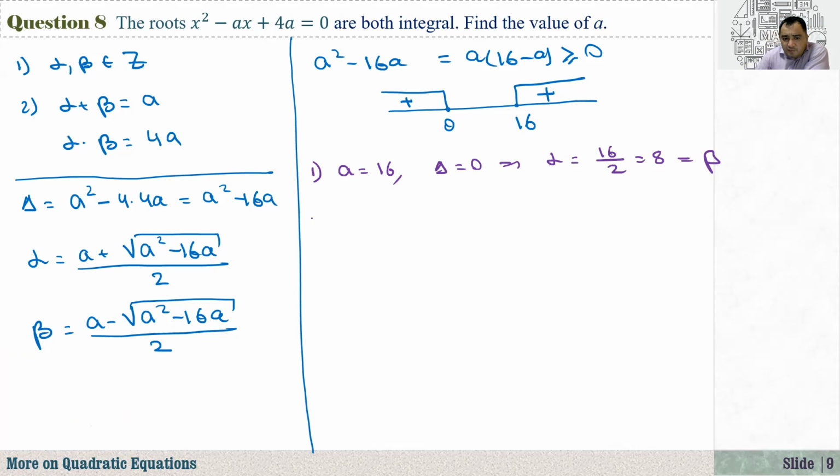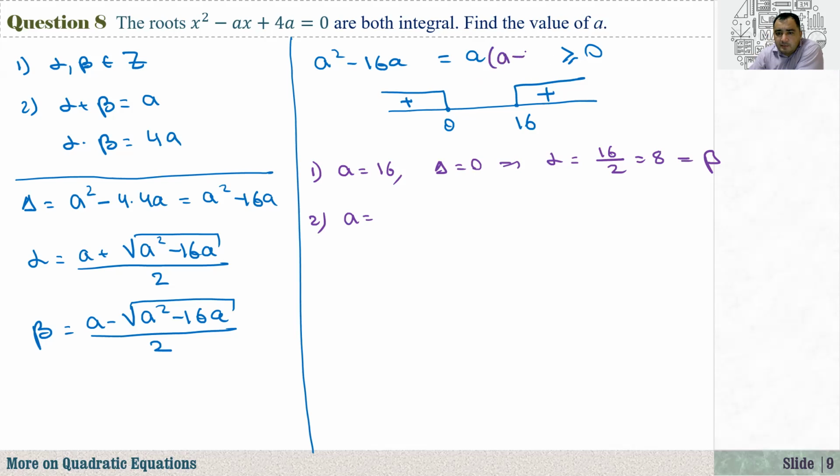Another value is, for example, how about when a times 16 minus a is a perfect square number. Actually, a is a common factor here.